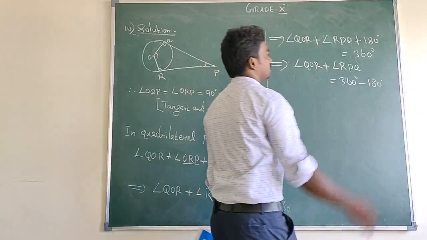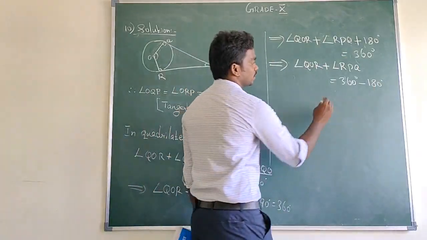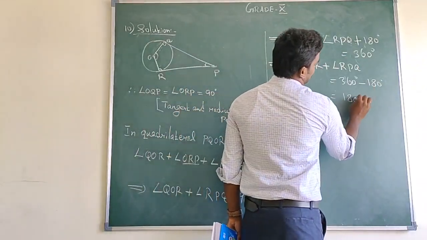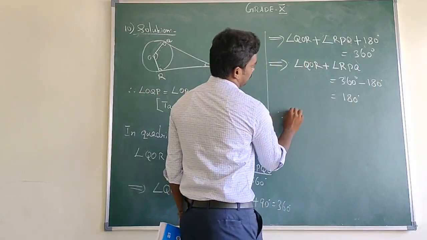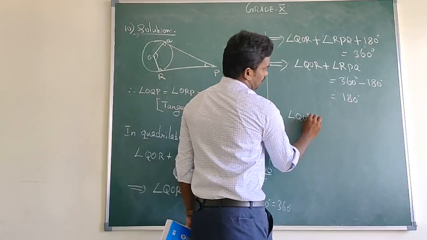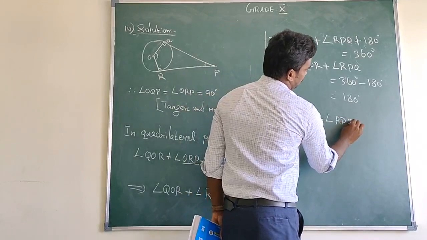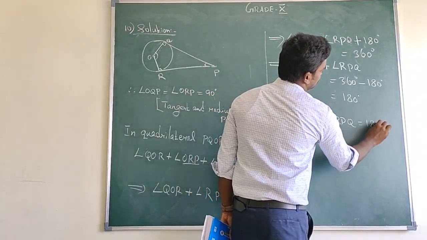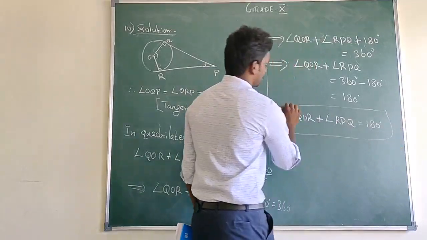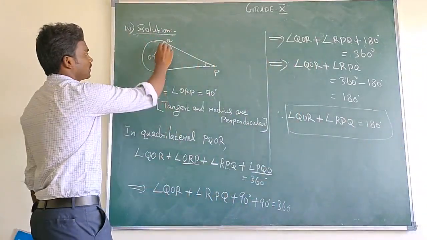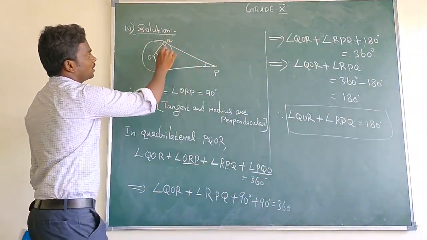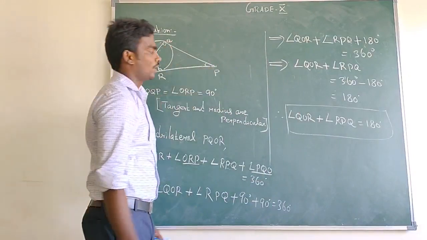So 180 transposed to the right side is a negative value, which is equal to 180 degrees. Therefore, angle QOR plus angle RPQ is equal to 180 degrees, which is the required proof. The sum of the angles QOR and QPR is equal to 180 degrees.